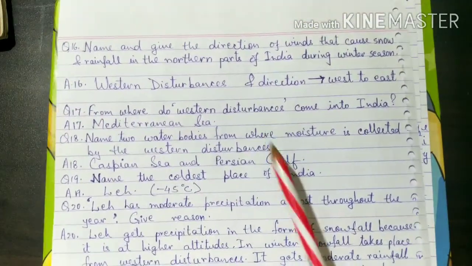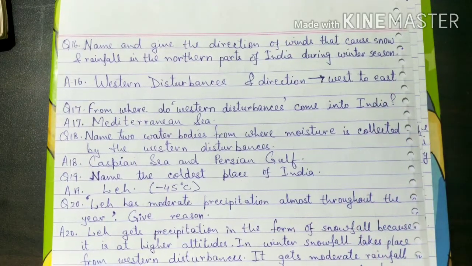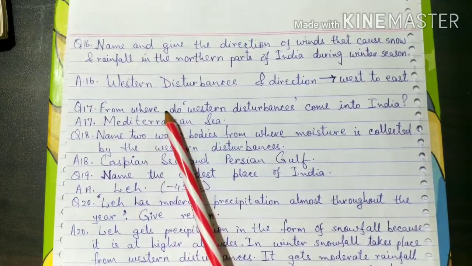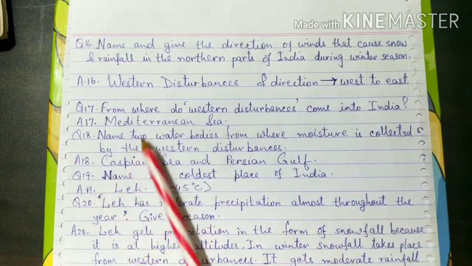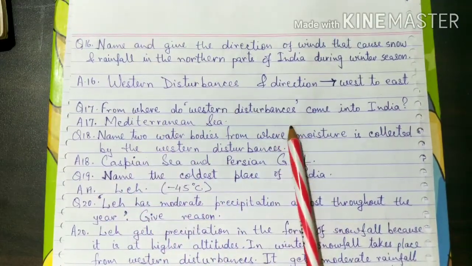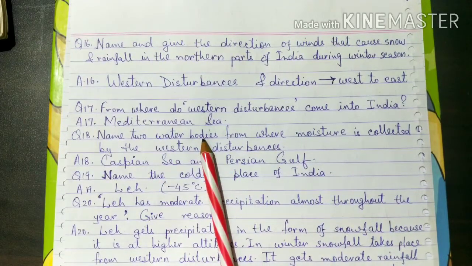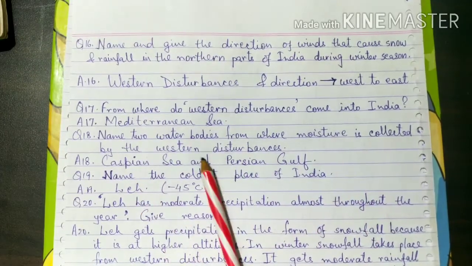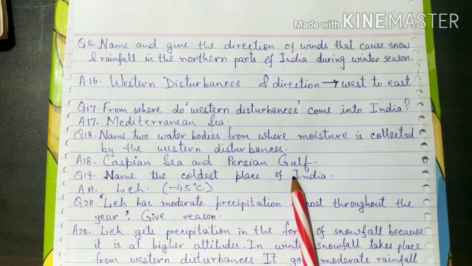Name and give the direction of winds that cause snow and rainfall in the northern parts of India during the winter season. The name is western disturbances and the direction is west to east. From where do western disturbances come into India? That is the Mediterranean Sea. Name two water bodies from where moisture is collected by the western disturbances. That is the Caspian Sea and the Persian Gulf.